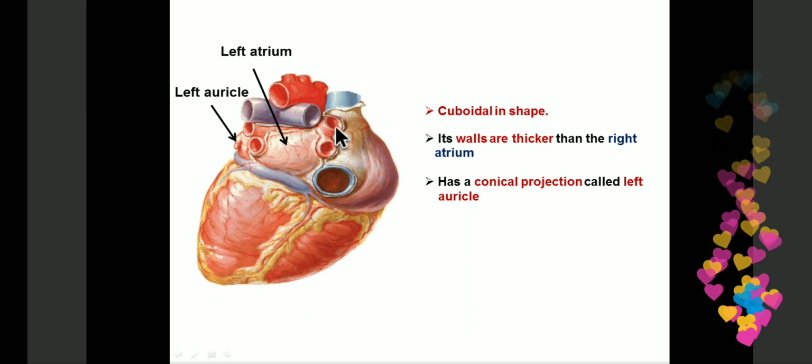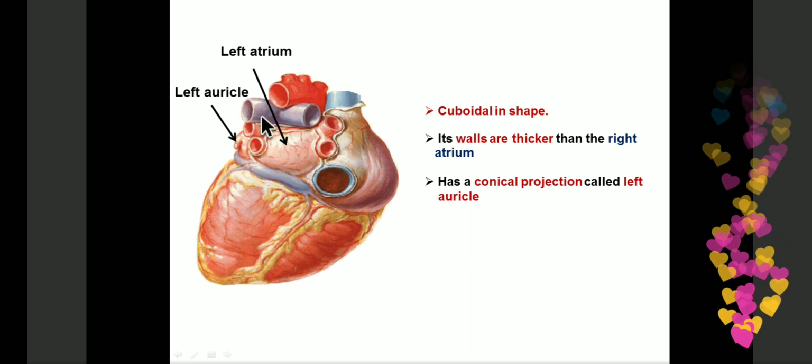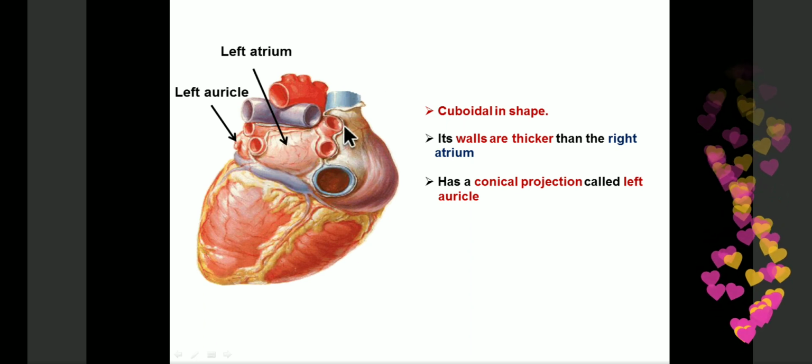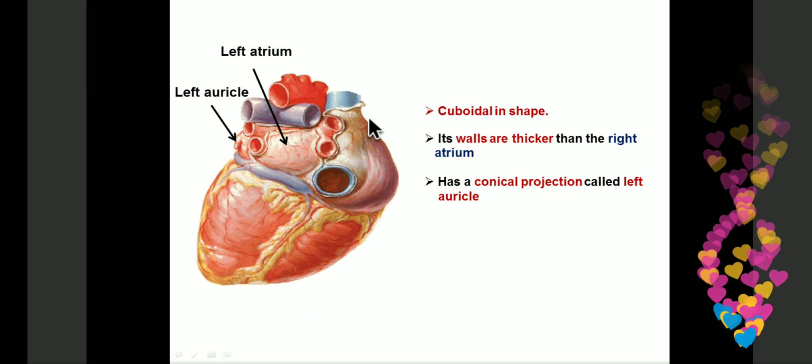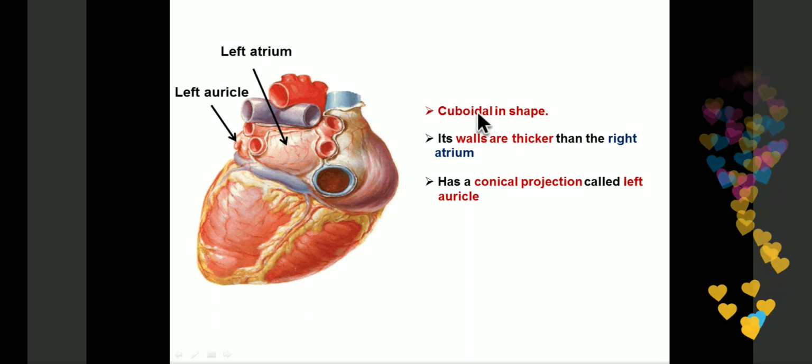If you look at the shape of the left atrium, externally it's almost square, and on the inside also the dimensions are almost the same in all directions, so it's called cuboidal in shape.